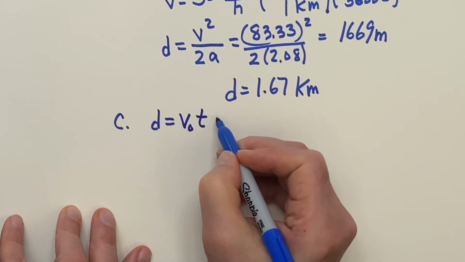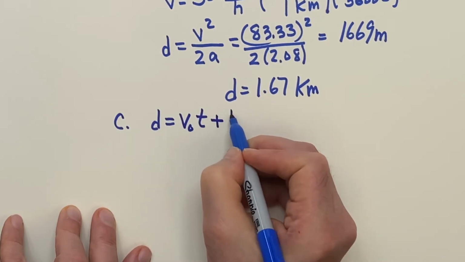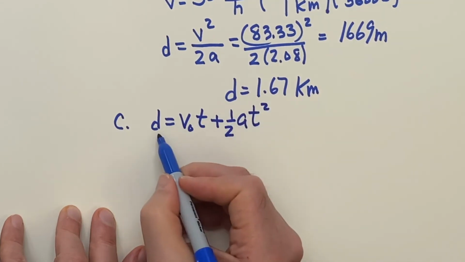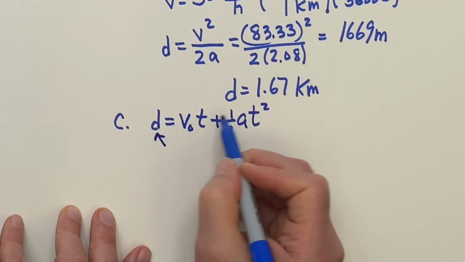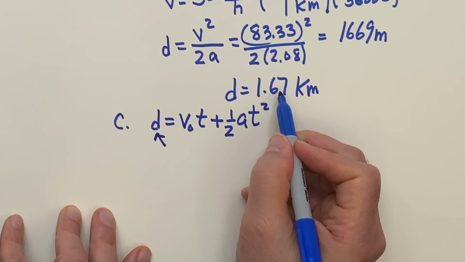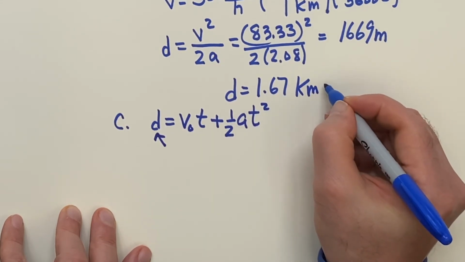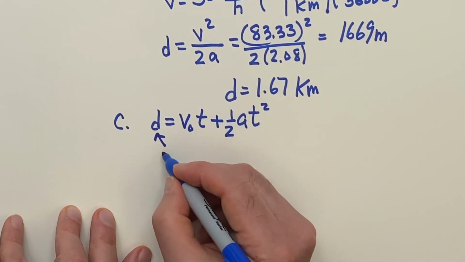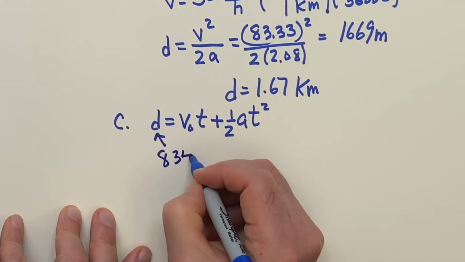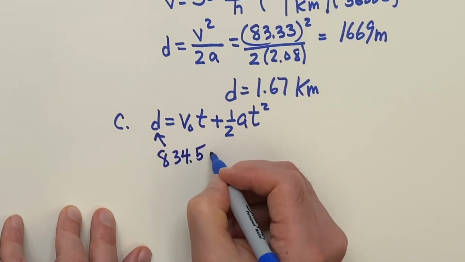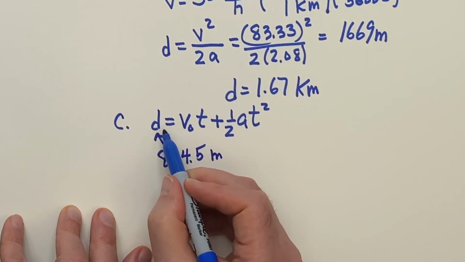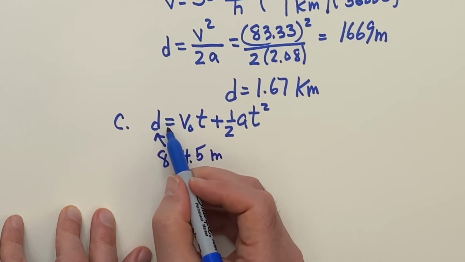In physics, there's more than one way to do things, but I'm going to use this formula where I'm going to plug in for the distance 1/2 this value, which is going to be 834.5 meters, because you want the distance now to be the 1/2 distance.